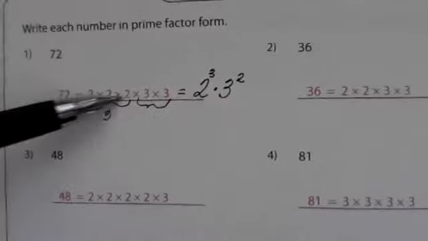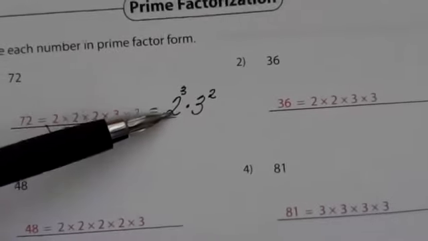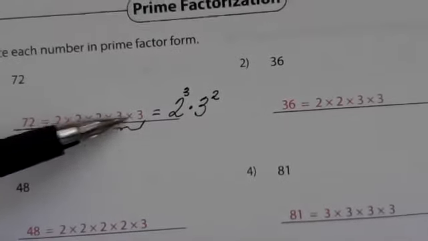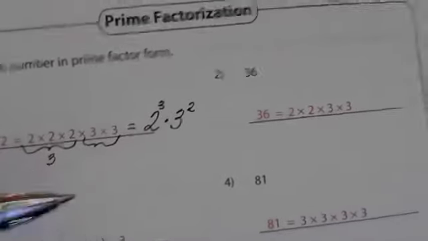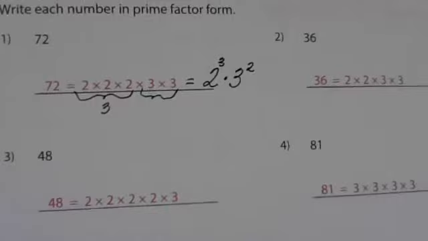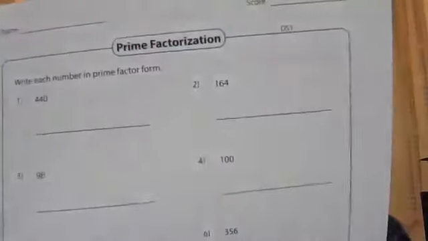Notice that the 3 2s, 2 times 2 times 2, gives you 2 to the third. 3 times 3, there's only 2 of them, 3 to the second power. I would like for you to continue this and practice your exponential form, okay? Are y'all okay with that? Yes. Okay, so we move on. Again, the next page is going to be the same thing. Lots of practice.